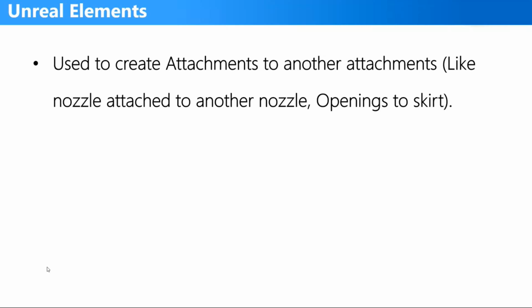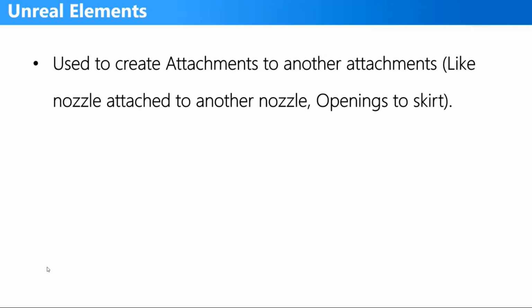But the children, like saddle, skirt, nozzles, those elements do not include any children or sub-children. So to give you the ability to add a child to another child, you can use the Unreal elements, and we will discuss that in detail by discussing the different cases, inshallah.